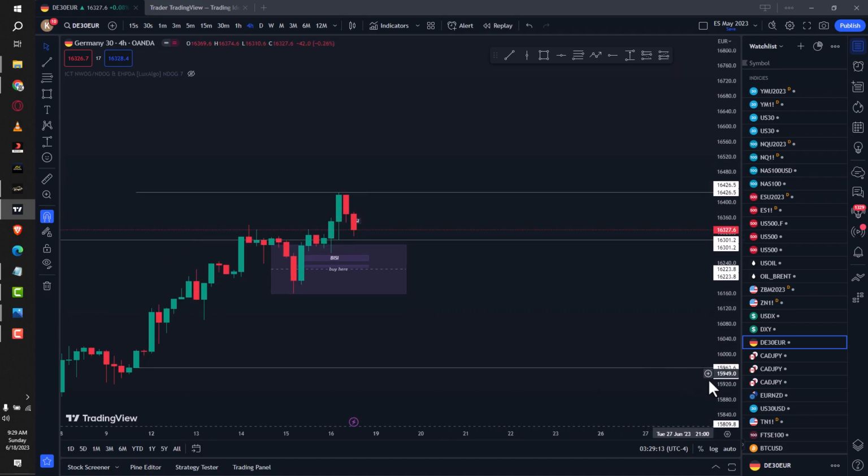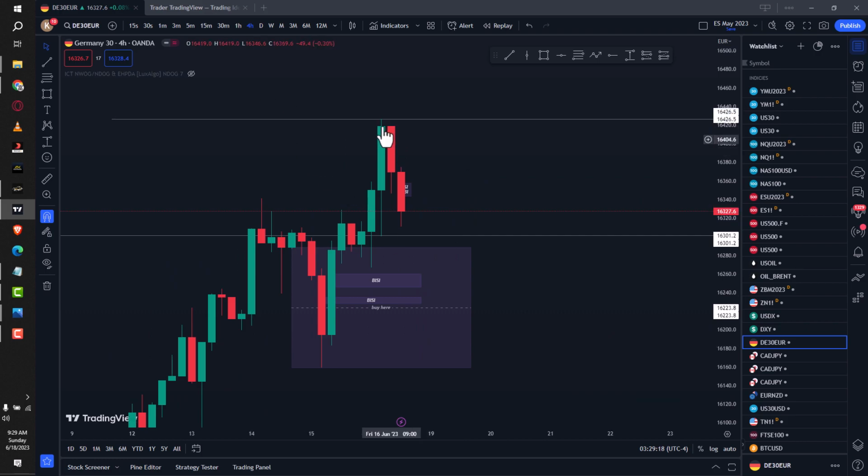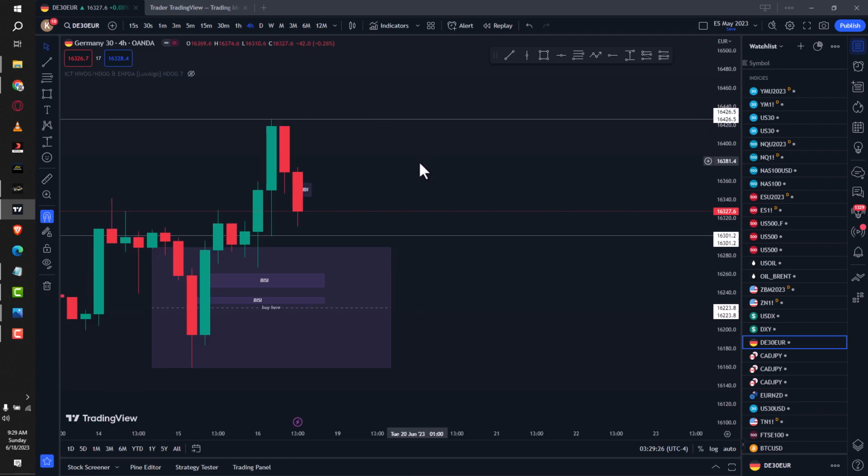Going down to the 4-hour, as a seller, as me, I'll be looking for this high to be my stop loss. The all-time high to be my stop loss.